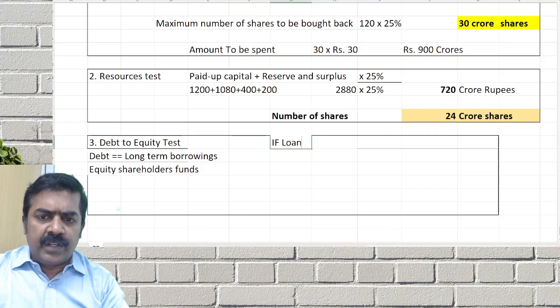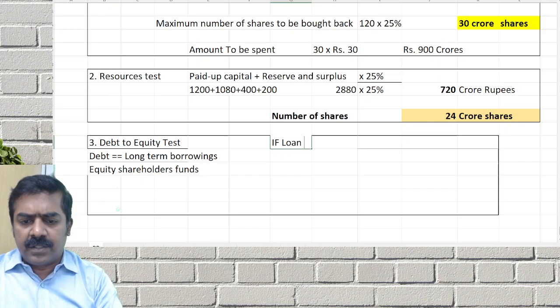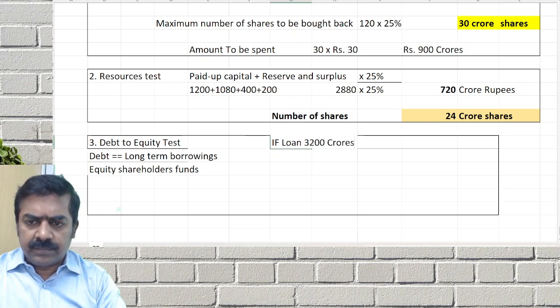There are two options given for loan funds. What are the two options? 3,200 crores, 6,000 crores.